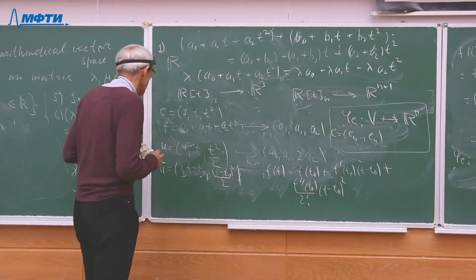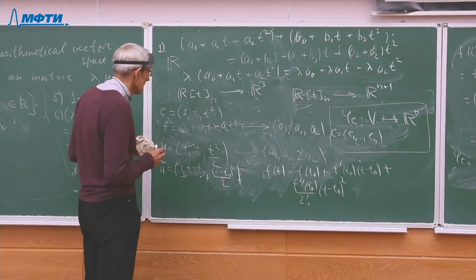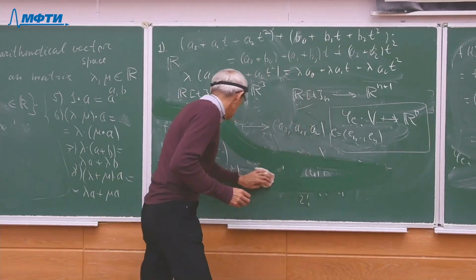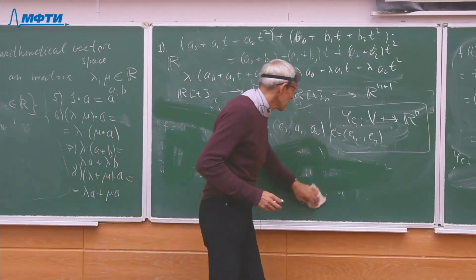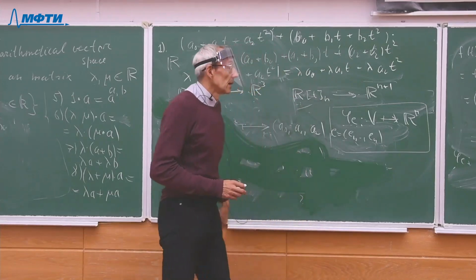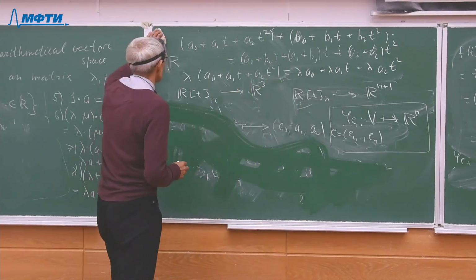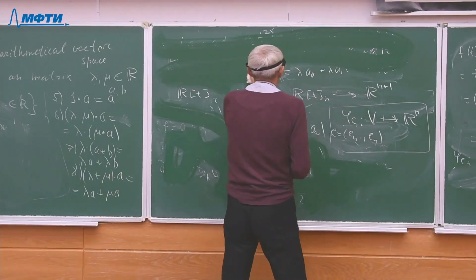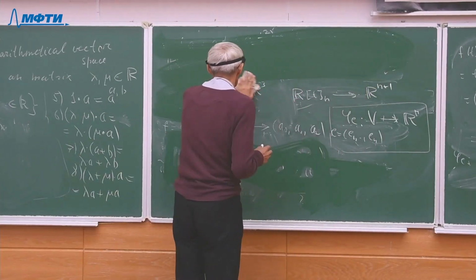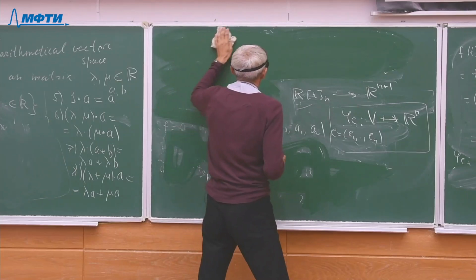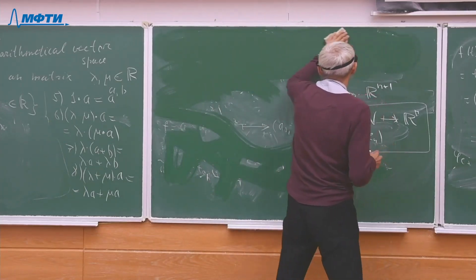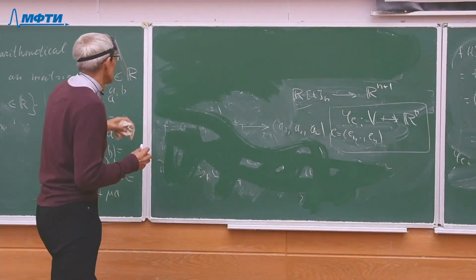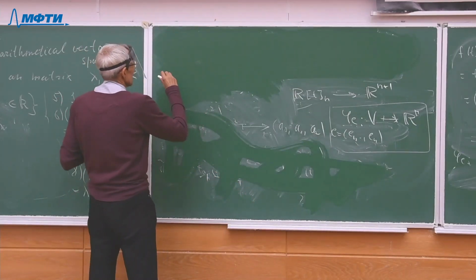I repeat the main definition. The main construction of vector space theory is the following. We considered an example of such a construction, but now we can briefly repeat it.